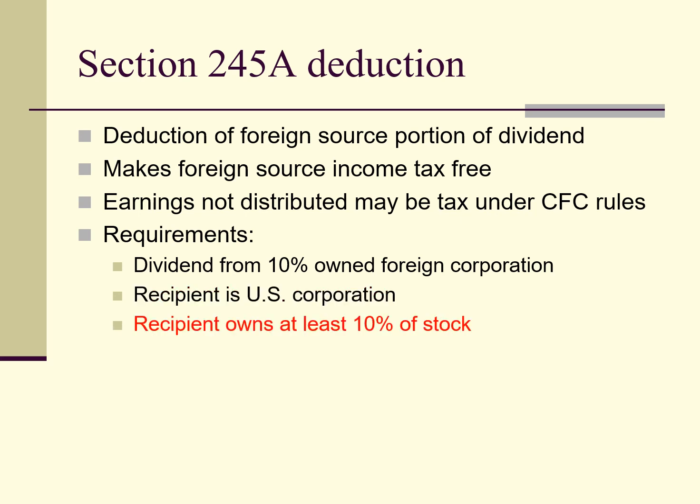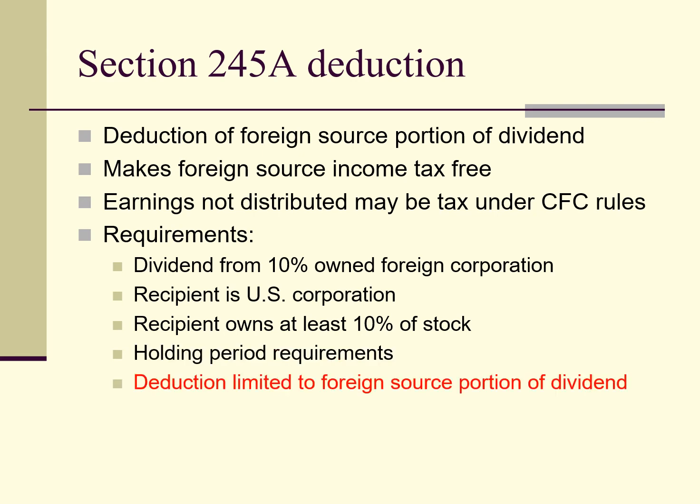The shareholder recipient must be a U.S. shareholder with respect to such foreign corporation, that is, it must own at least 10% of the stock. The stock holding period requirements must be met. And the corporate deduction is limited to the foreign source portion of the dividend.